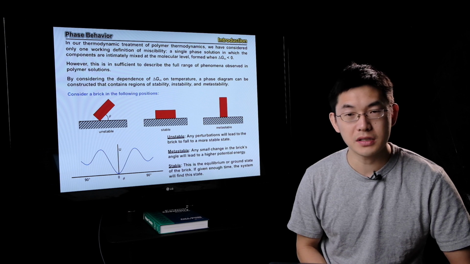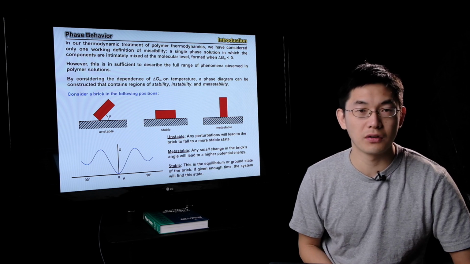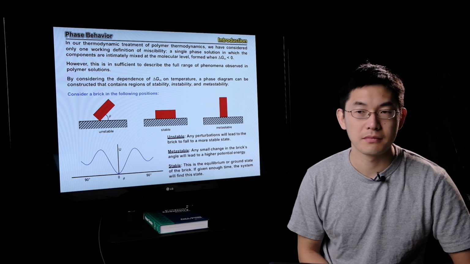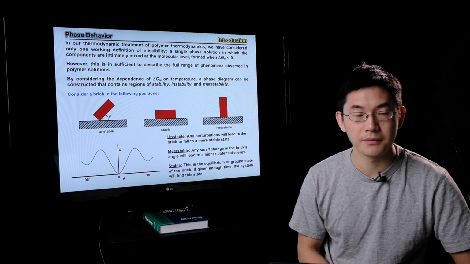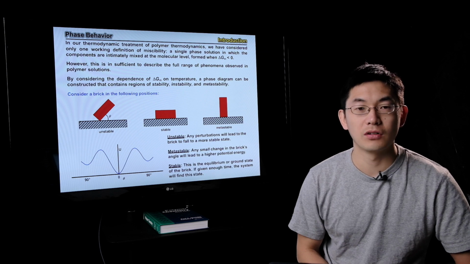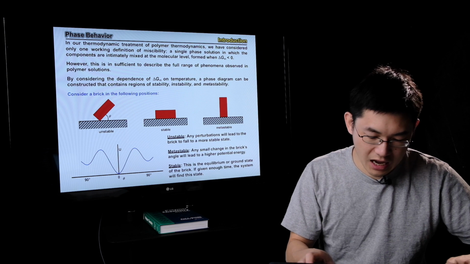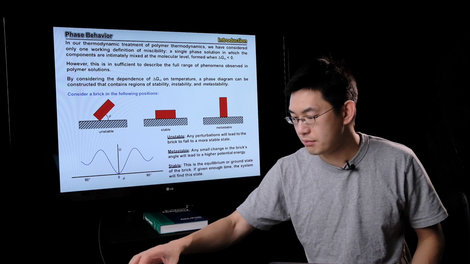And more importantly, as we showed in one of the lectures, your Flory-Huggins parameter will change depending on the temperature. If the temperature rises or drops, then you would have a different Flory-Huggins parameter chi.